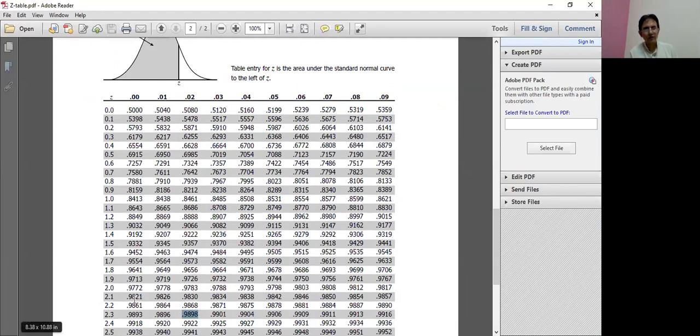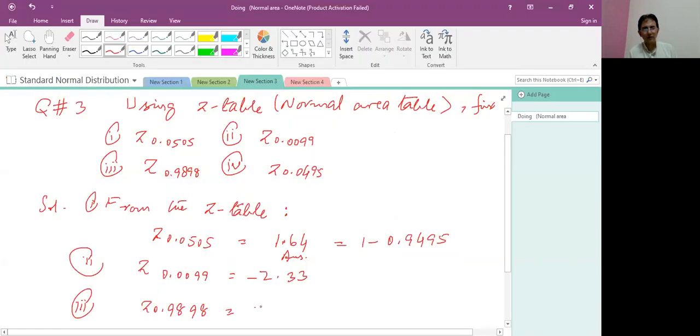It is positive because both values are positive. We add both of them to get 0.9898. So again, we come back to the slide and write the result from the z table. So 2.32, but it is positive.